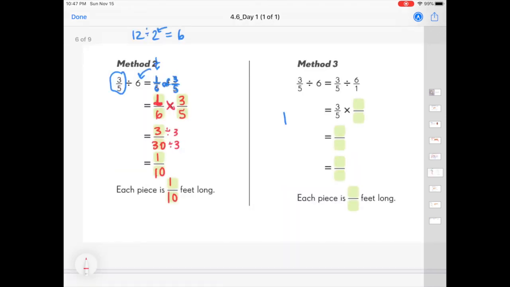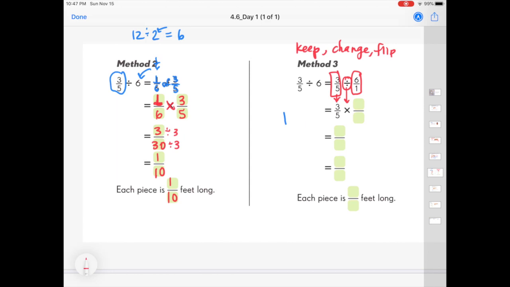Now with the third method, remember we talked about using that little shortcut of keep, change, and flip. So we keep the first fraction, 3/5. We change division to multiplication. And the last step is to flip the whole number.